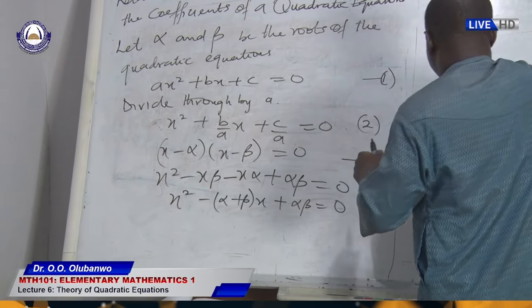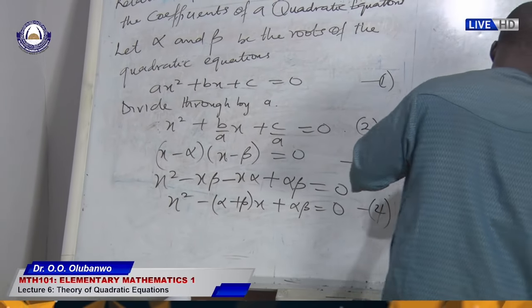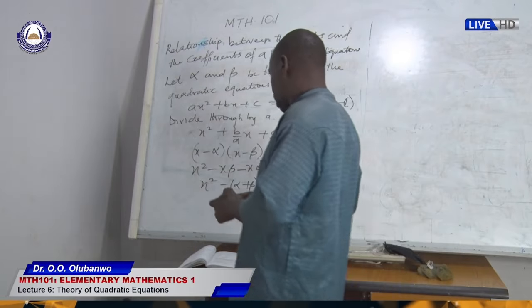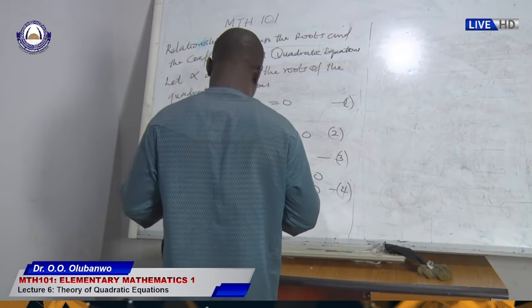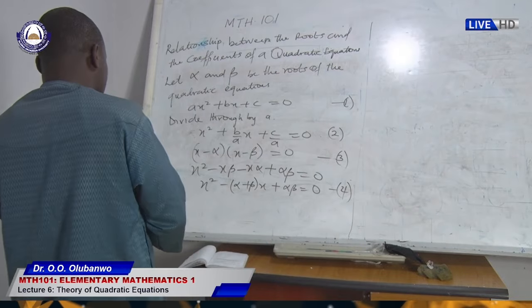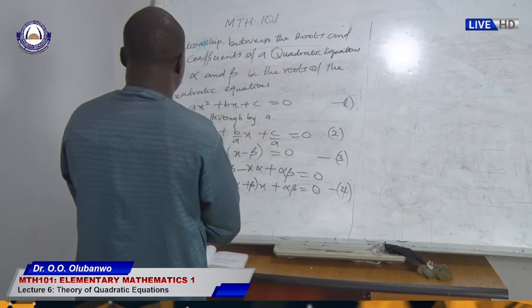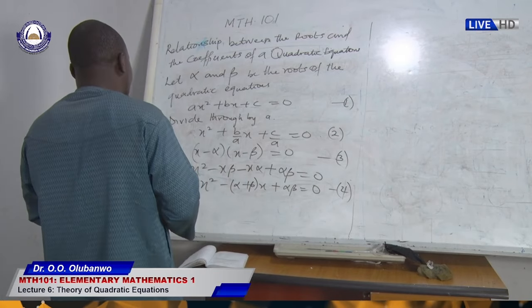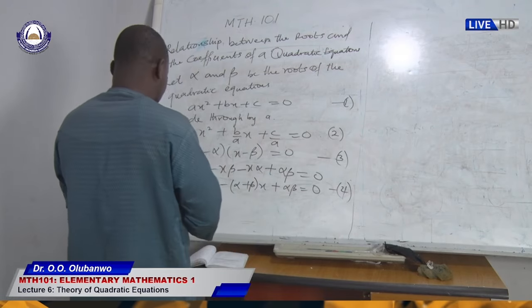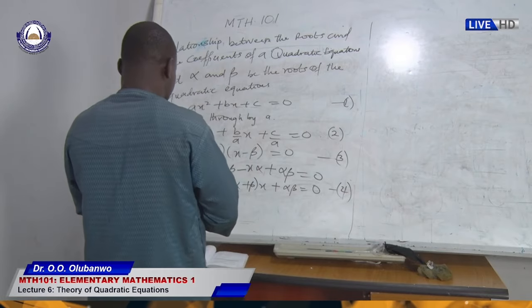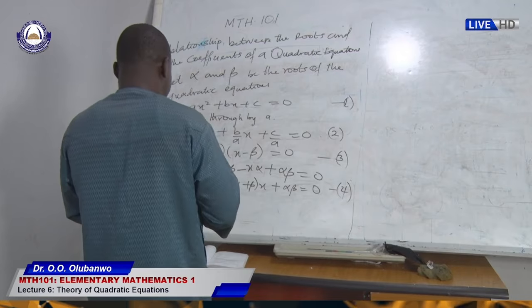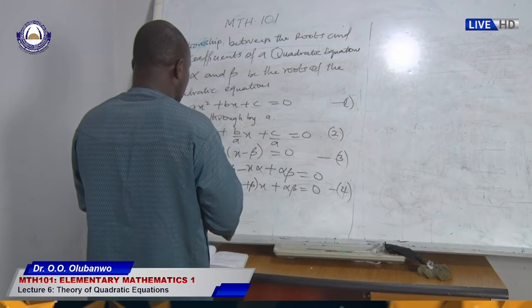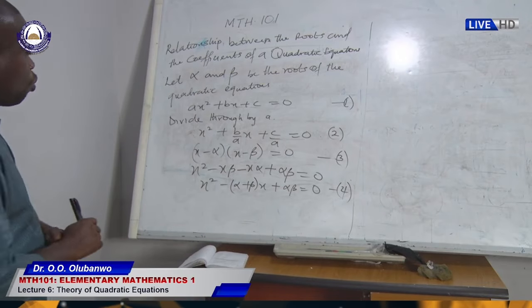Now, at this junction, it is important for us to make some justification. When we look at equation 1, our equation says ax squared plus bx plus c equals 0, and equation 4 says x squared minus bracket alpha plus beta bracket x plus alpha beta is equal to 0.